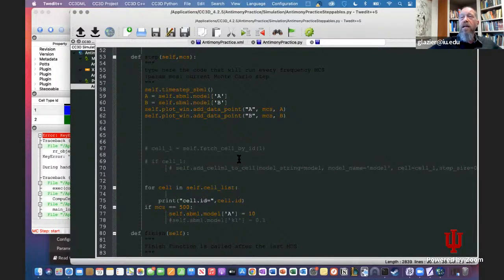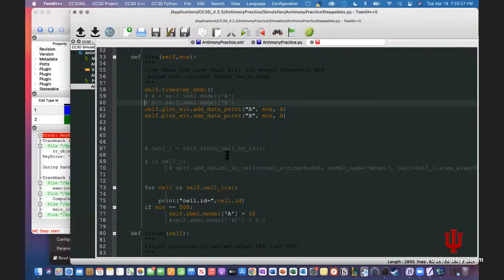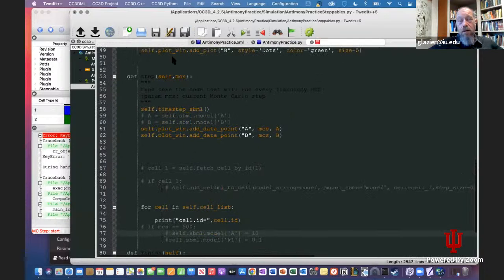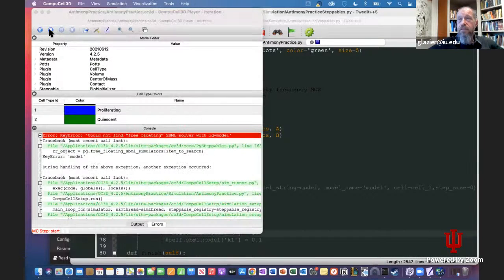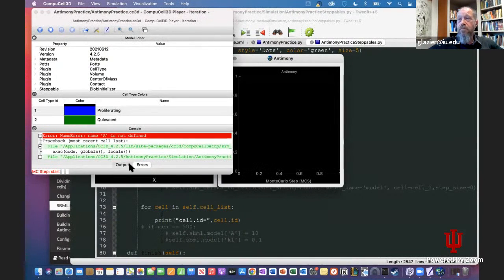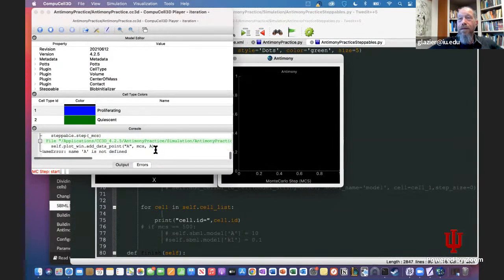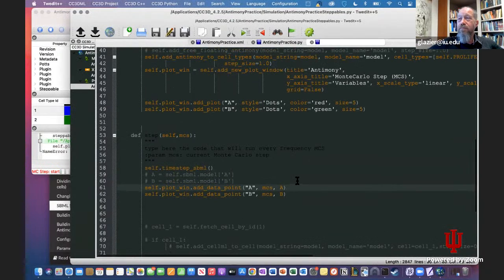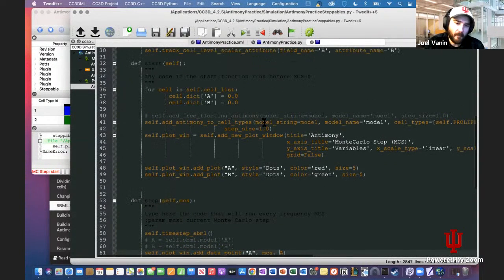So 59 and 60 won't work because there is no free floating model. Line 77 won't work either because they're all inside of the cells now. And now you don't have the plot.